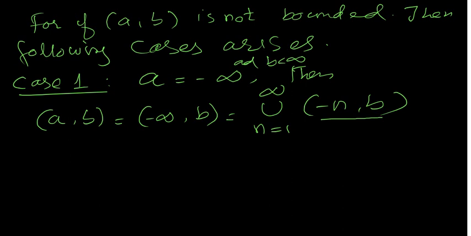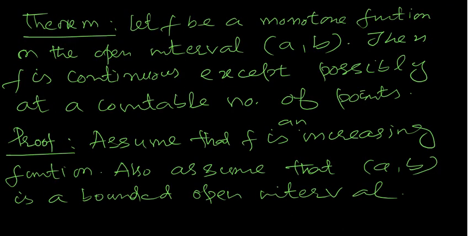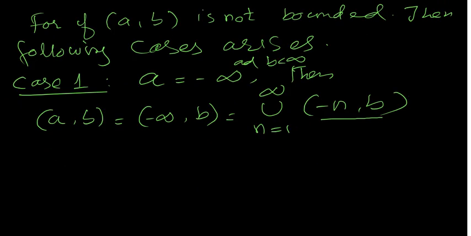So actually what I have done earlier, I also assumed that this interval can be taken as a bounded open interval. If it's not bounded, then I can write it as a countable union of bounded open intervals. Now I prove the result for bounded open intervals. Suppose the result is true for bounded open intervals, that is, the monotone function has only countably many discontinuities on each bounded open interval.